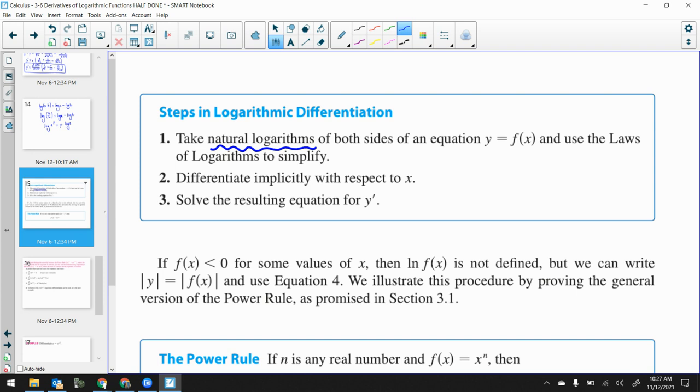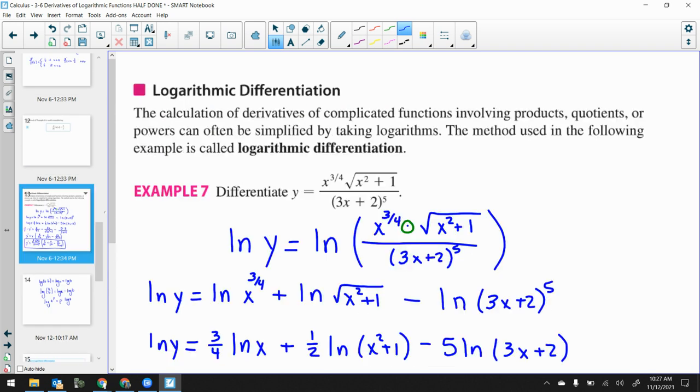Yes? Mr. Laverick, we were kind of getting at, when would you multiply both sides by natural log? Oh, when would I use this? You could do this anytime. Anytime you want.